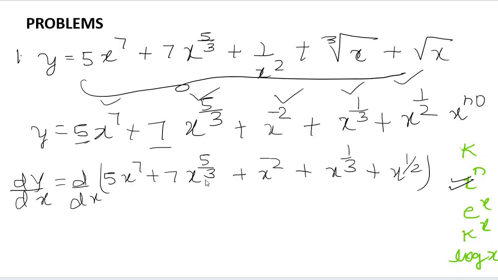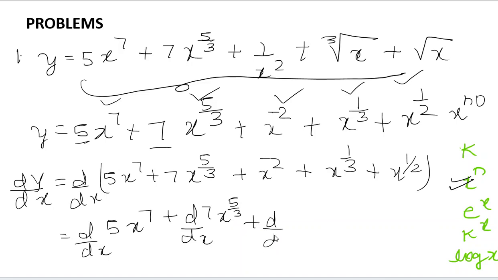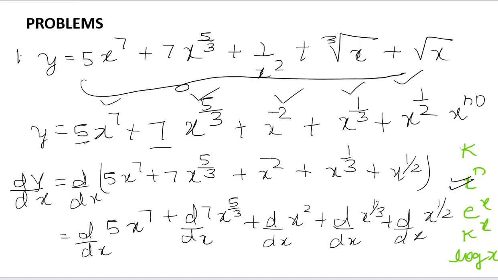Since there are 5 terms and one derivative, we now share the derivative with all, and now we are in a position to answer. Now we will actually find the answer of each of these.